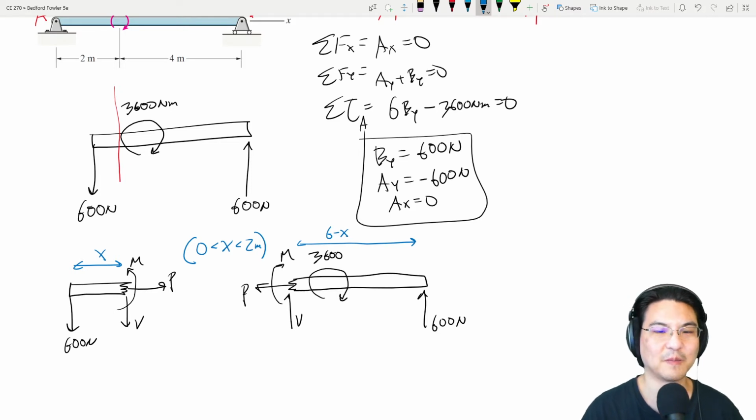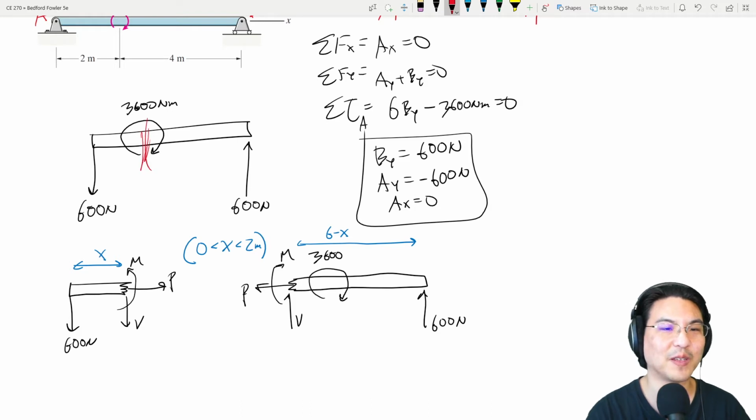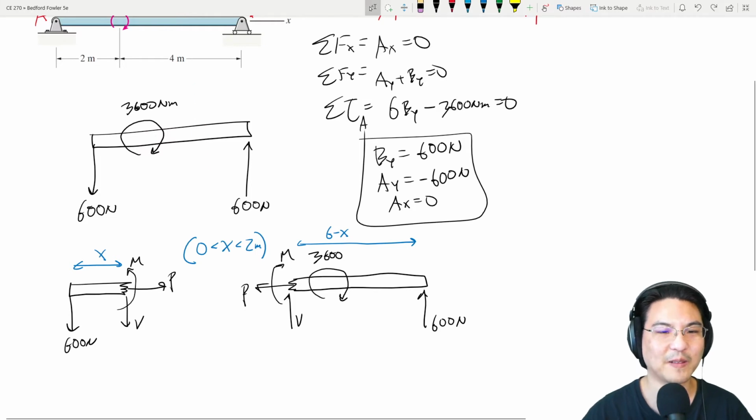Okay, before we continue here, what if you cut the beam somewhere between 2 and 6 meters? So between over here and over here. You cut it somewhere over here. What would that look like?